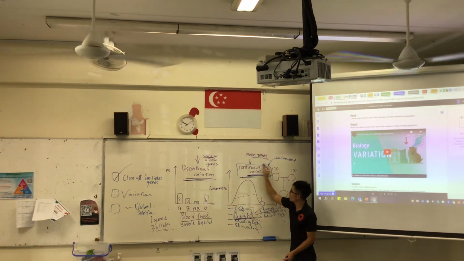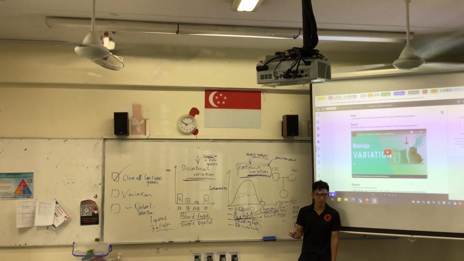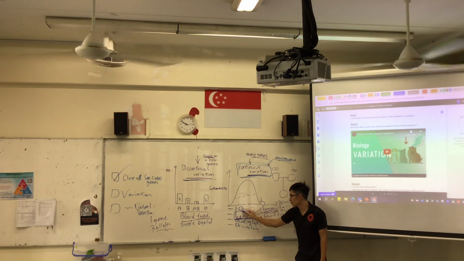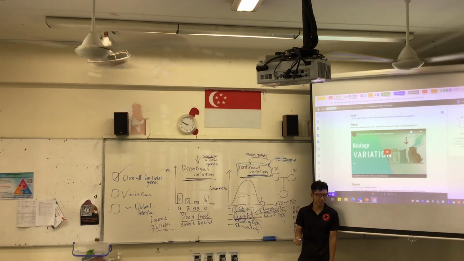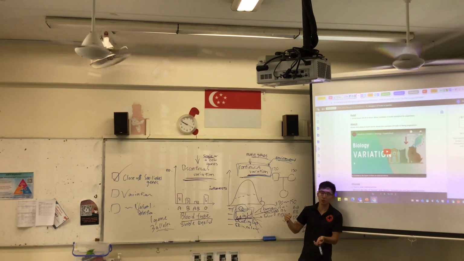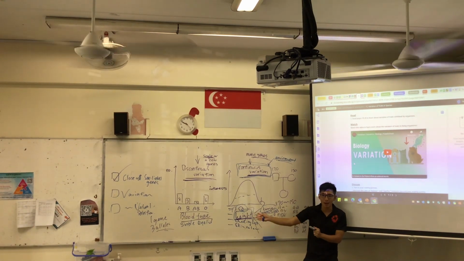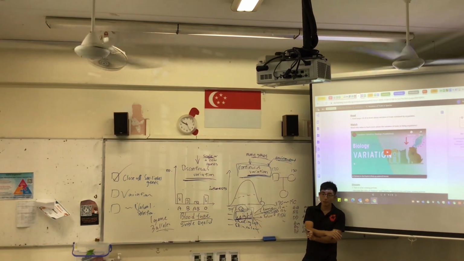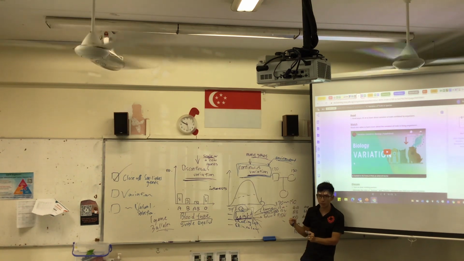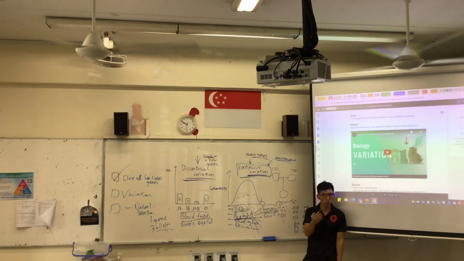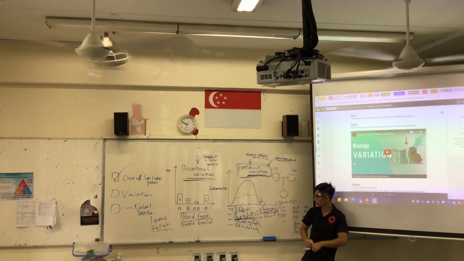A lot of continuous variation is also affected by the environment. IQ, you don't study enough, you're lazy, also not going to hit your maximum. Okay? So, genetically speaking, we may have our potential, but if we don't have the right environment to bring out the potential, you also won't hit that potential. It also contributes to the variation.